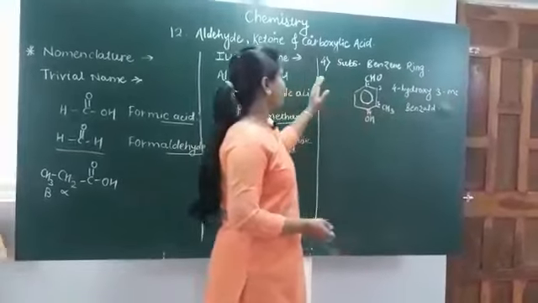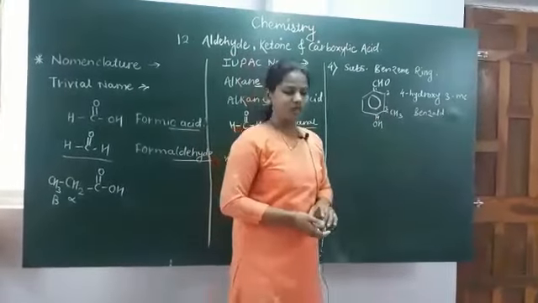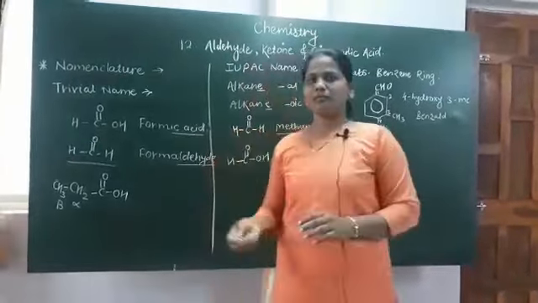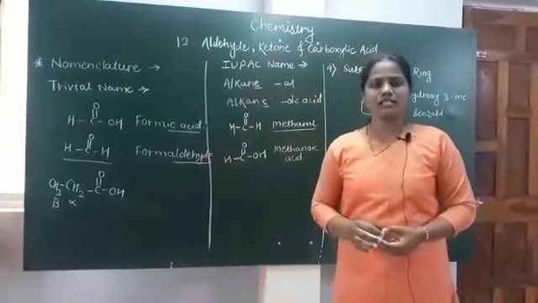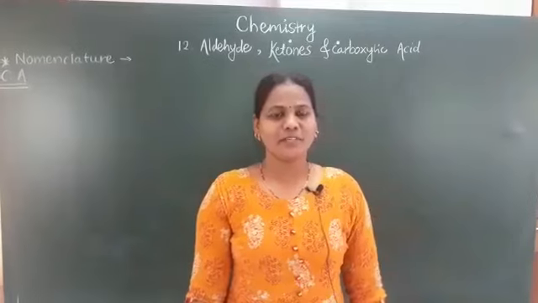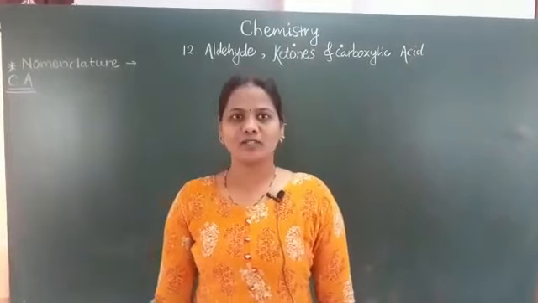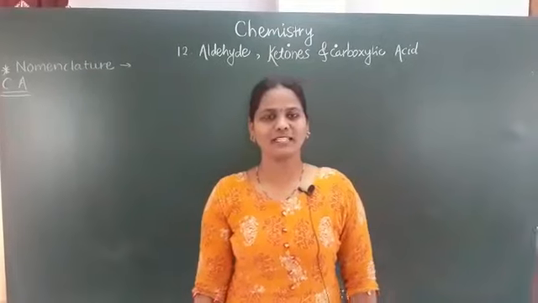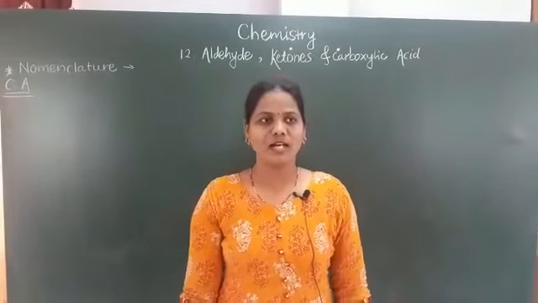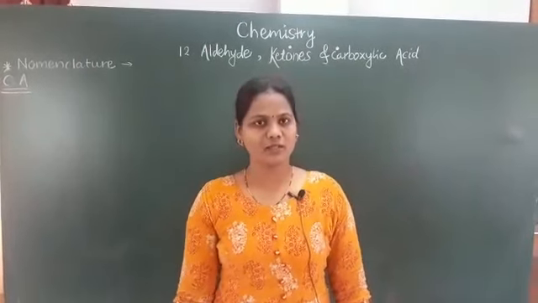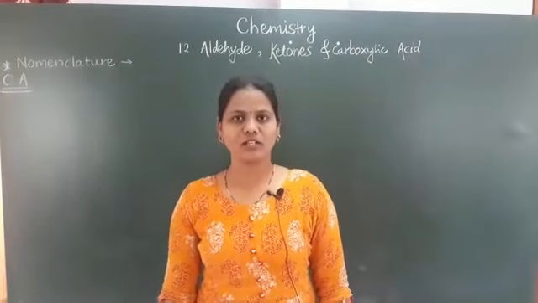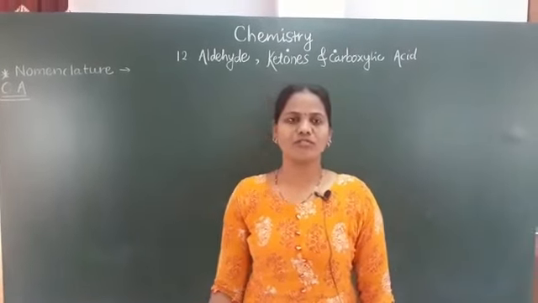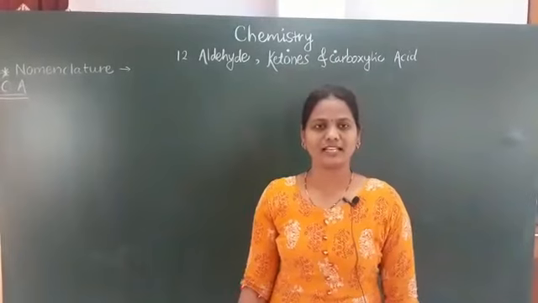Okay, these are the rules of the IUPAC nomenclature system of aldehyde and ketone. In the previous video we learned about the rules of the trivial name system and the IUPAC name system. Now those rules we will apply to solve examples of aldehyde and carboxylic acid.